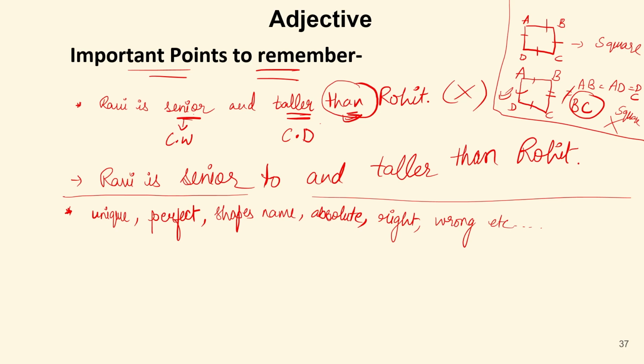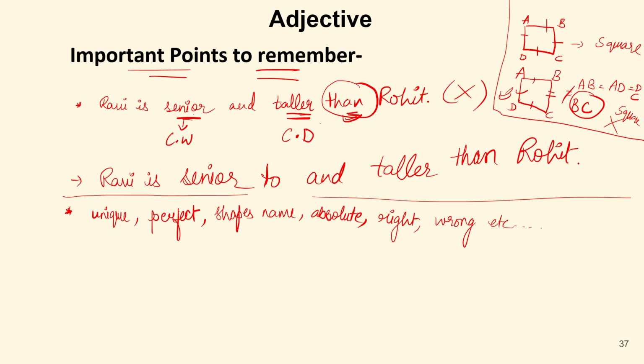But if I say it is perfect, but there is a little error in this, that means it is not perfect, because perfect is something that has all the things correct, in every respect. If a thing is unique, it is unique. It is not like some unique, more unique or less unique. No, if it is unique, it is unique. It is not more or less.